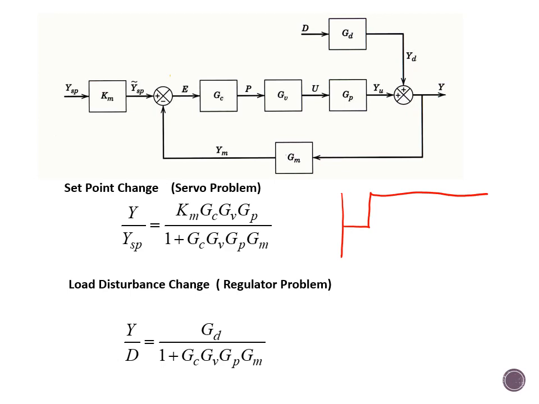So the process response for the controller must follow the set point. The equation for the servo controller is given by this equation: Km times GC GV GP divided by 1 plus GC GV GP times GM.